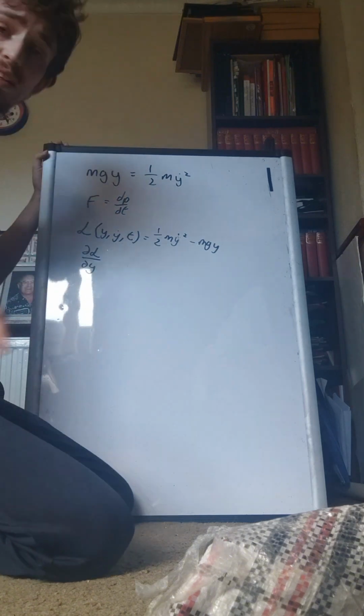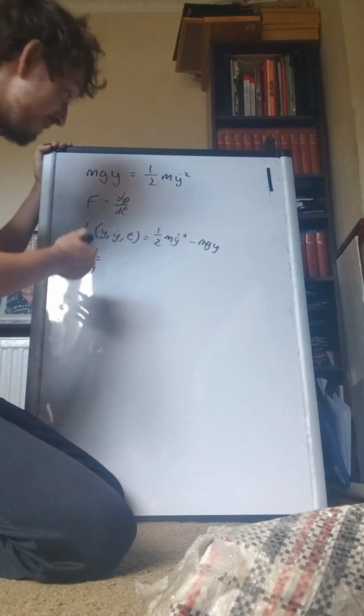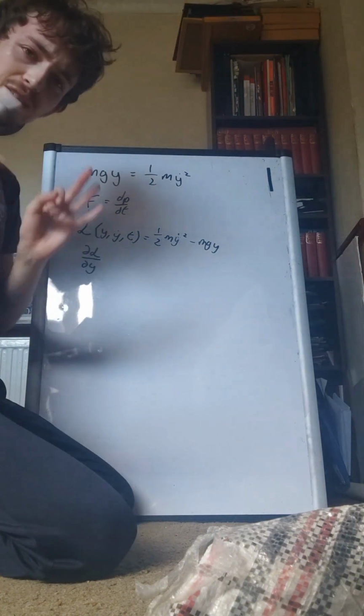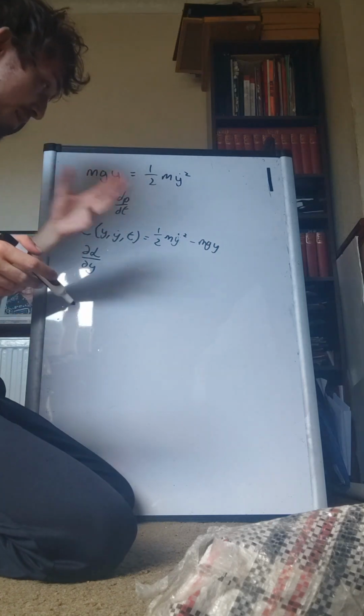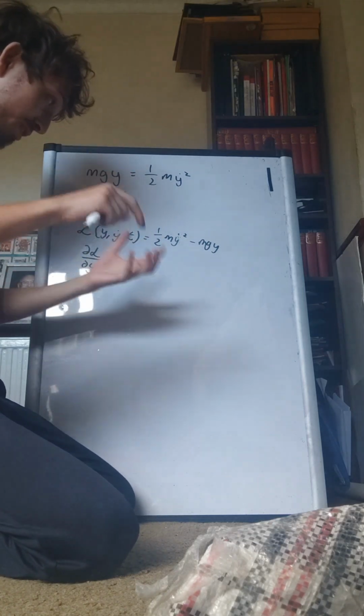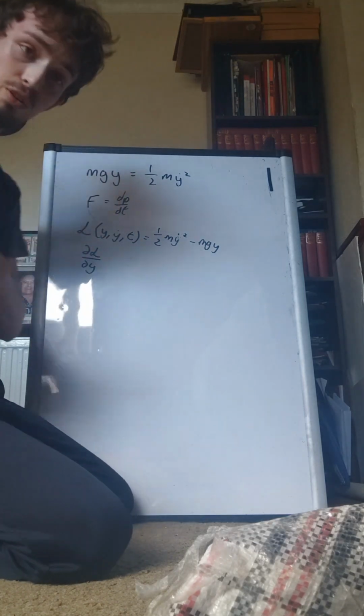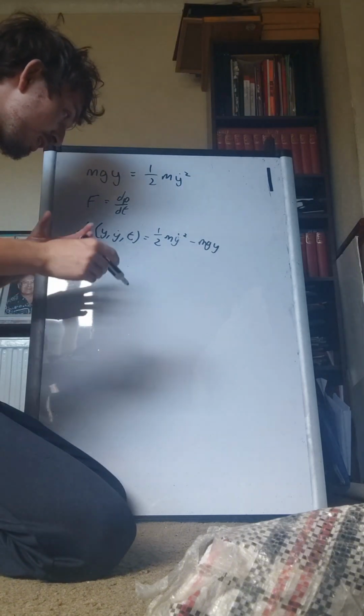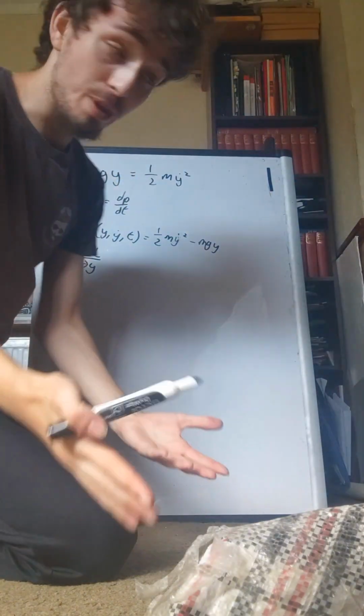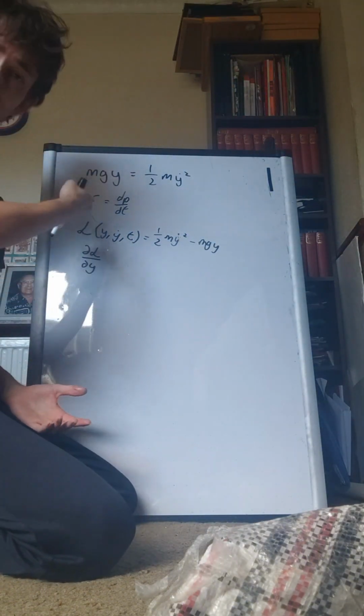Just like differentiating half mx squared, it would be the same thing. So that gives us a momentum. 1/2 m y dot squared differentiated with respect to y dot gets us m y dot, mv. That's a momentum. So then if we differentiate that with respect to time, we get a force as well.